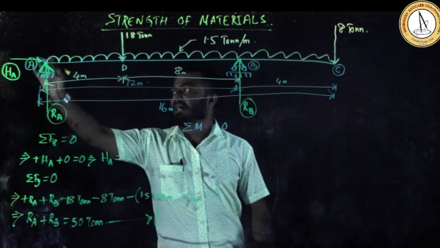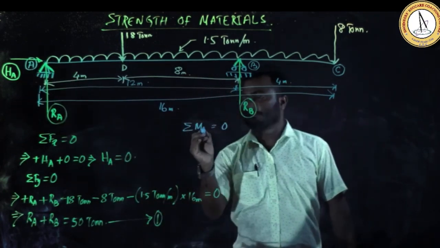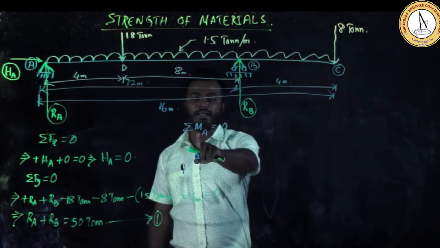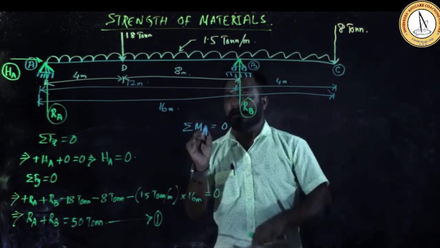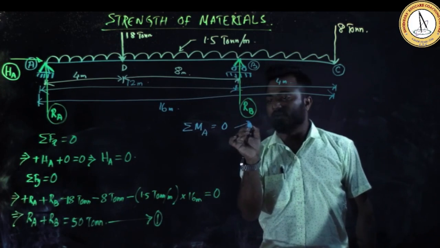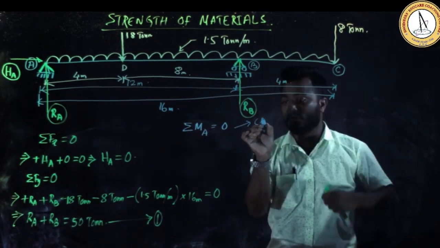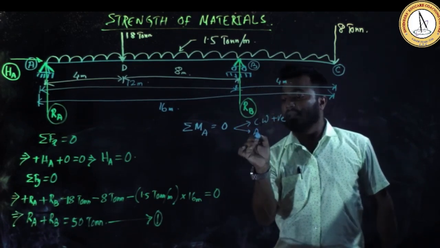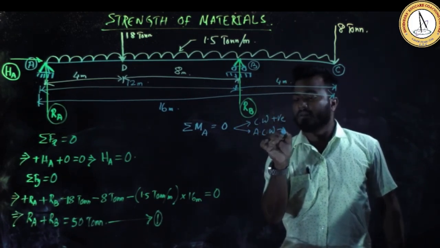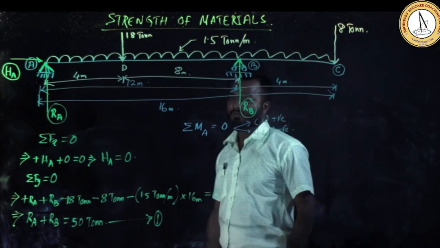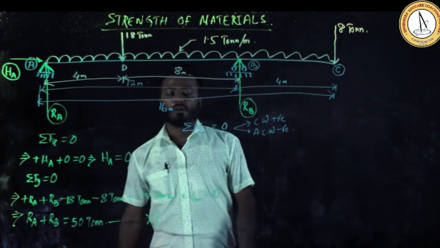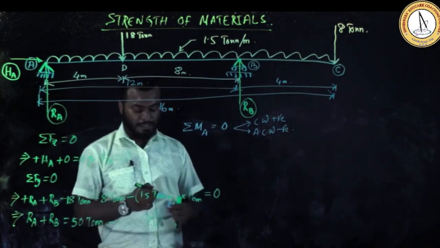Say I am summing all the moment about a point A. So I will sum all the moment about a point A, considering already I have told you, whenever I will use this equation, my clockwise movement will be positive and anti-clockwise movement will be negative. Okay, so let's see how we can find the moments about A.